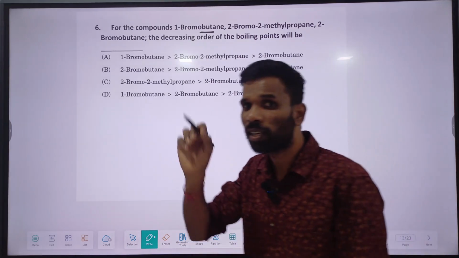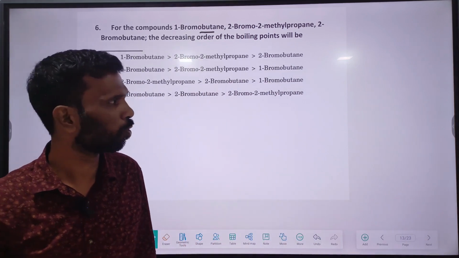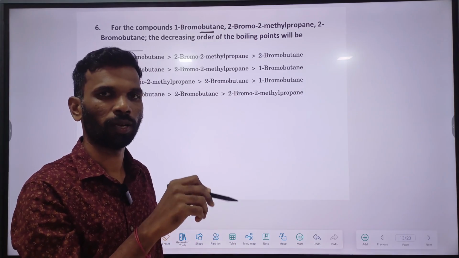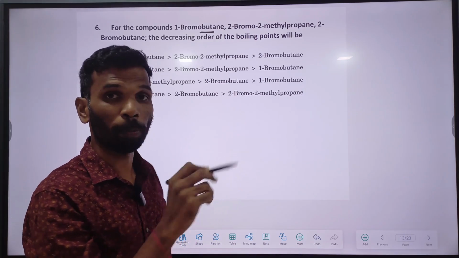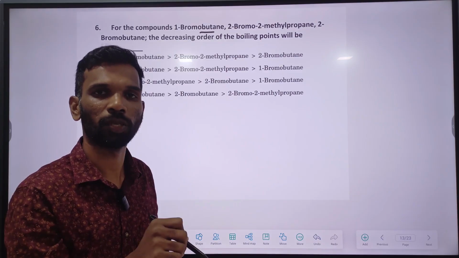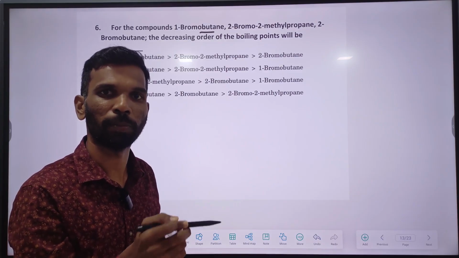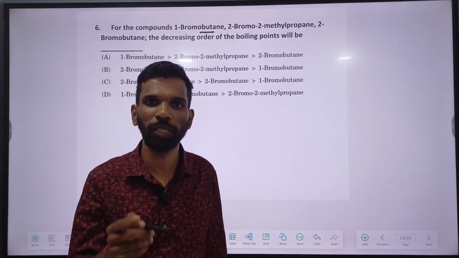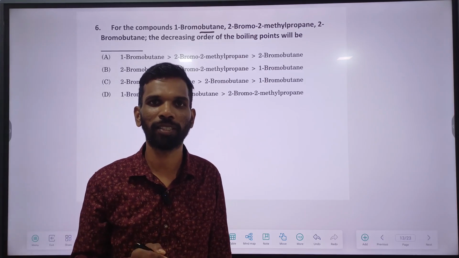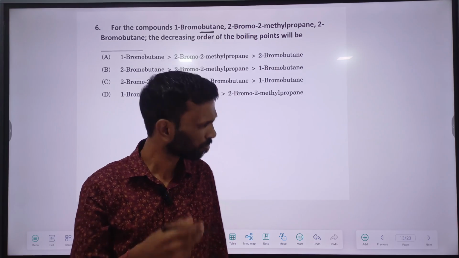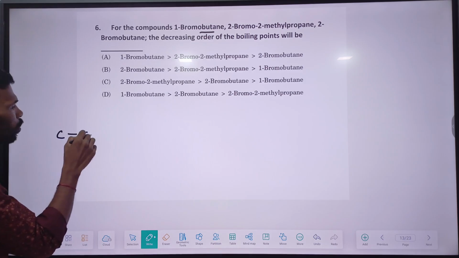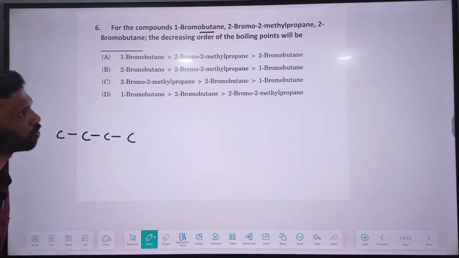So but means there are 4 carbons. Hope everyone knows this. Butane, but means 4. Then prop means 3, eth means 2, meth means 1, pent means 5, hex means 6, hept is 7, oct is 8. This way.